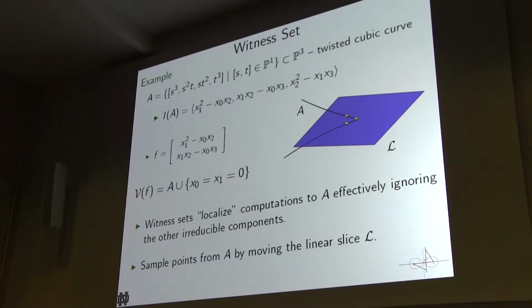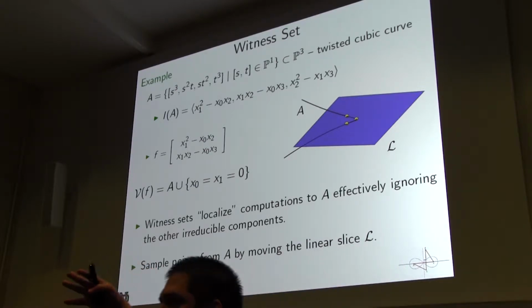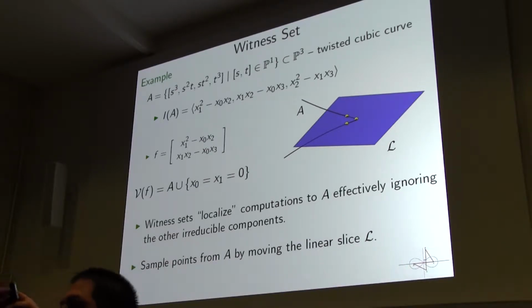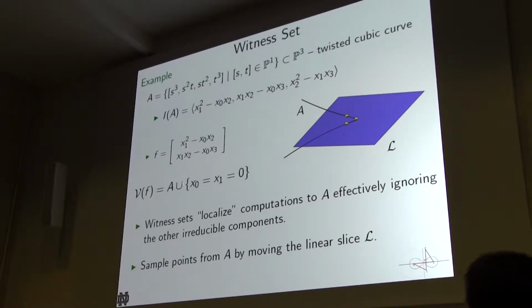Okay, so just to note, if I look at the variety defined by f, I have the twisted cubic, plus I have this line at infinity. And the beautiful thing about witness sets is they localize the computation to the component that you're on. So the witness set doesn't actually see this line at infinity.